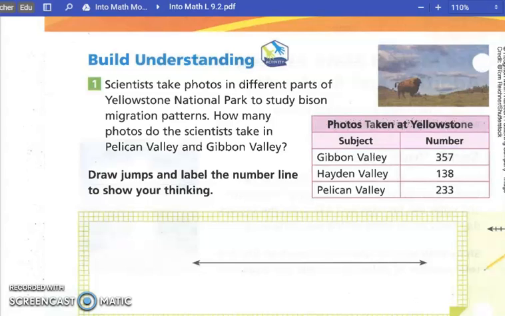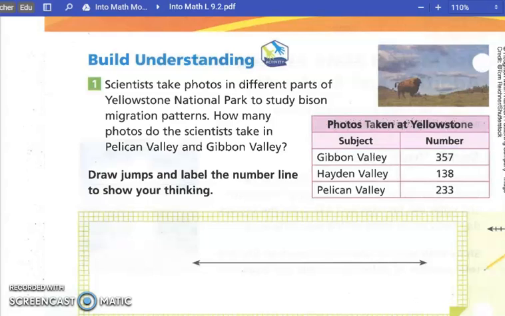Who knows what bison is? It's like a buffalo. It's a big animal, kind of like a cattle, but it's buffalo or bison. And what's a migration? What's it mean to migrate? Catherine, what's it mean to migrate? Right.